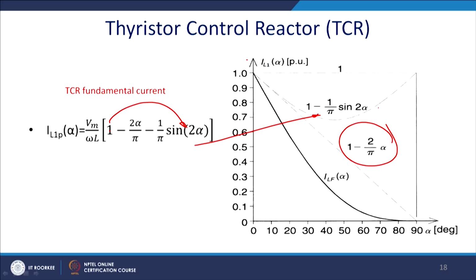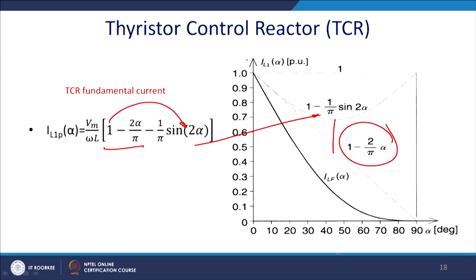If you change alpha, this part will have a linear contribution. So this will contribute less and this will contribute more. At 45 degrees, and gradually at 90 degrees, this value reduces to 0. In that way, by changing the value of alpha, the inductor current changes in this way.